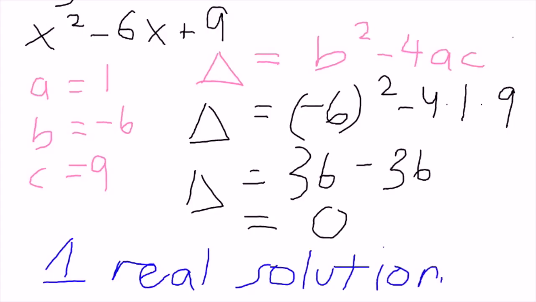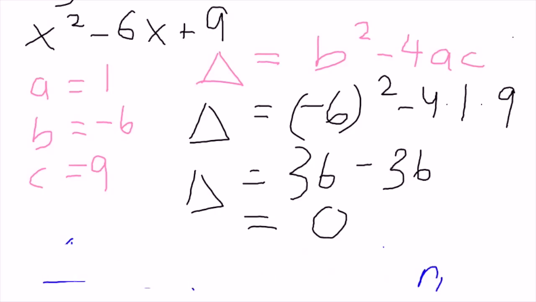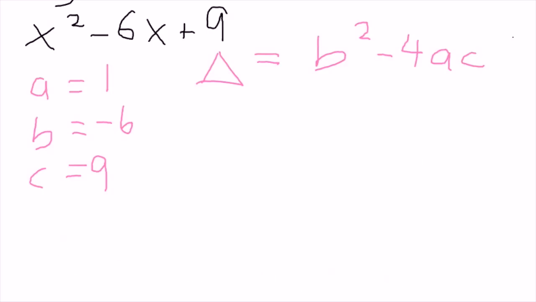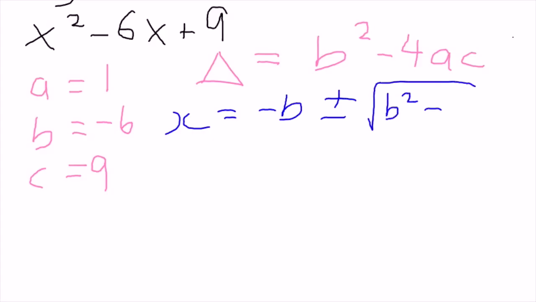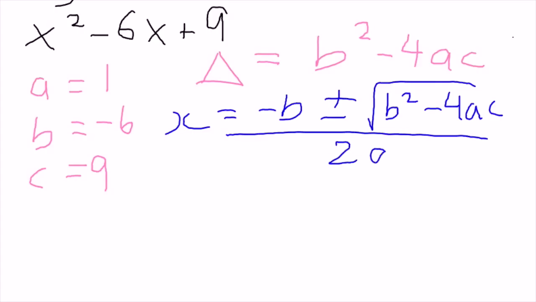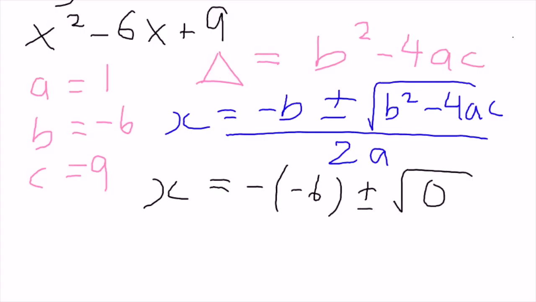This can also be seen when you substitute in the values for the quadratic formula, which is x is equal to minus b plus minus root b squared minus 4ac over 2a. So if we substitute in the values, you get minus minus 6 plus minus root 0, like we got from before, over 2 times 1.